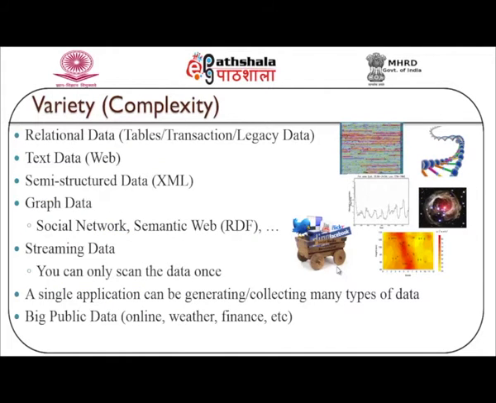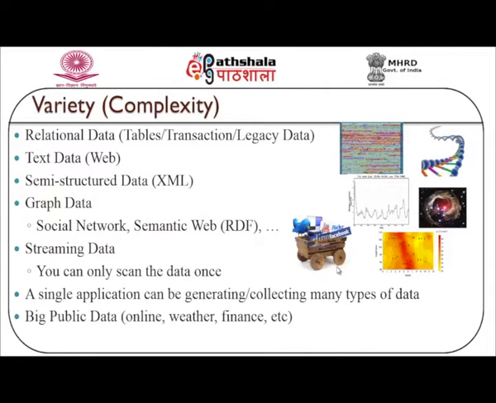If you look at the variety or complexity of data, it is relational data. It may be the data that we receive from relational data sets like tables, transaction data or legacy data, or it can be some kind of text data that we get from the web, or it can be some kind of semi-structured data which is in the form of an XML file. It can be some kind of graphical data which we try to acquire from social networks and the semantic web.